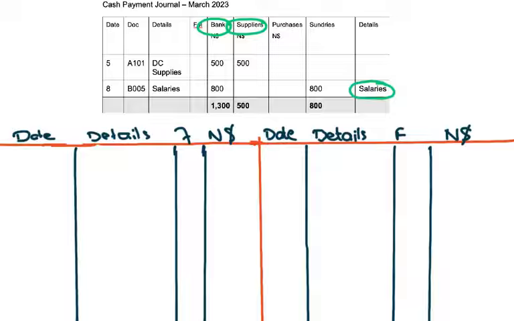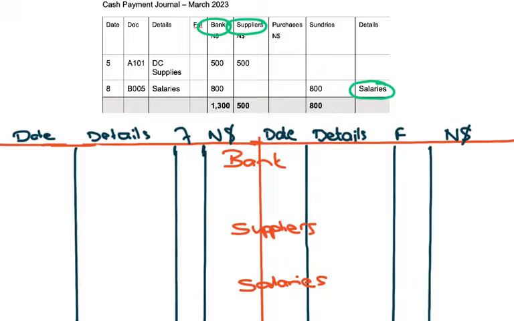Now we have our 3 accounts, and I'm quickly going to open my 3 accounts. I have bank, I have supplier, and then I have salaries. All right, let's look at the bank. We said the cash payments are on the credit side.